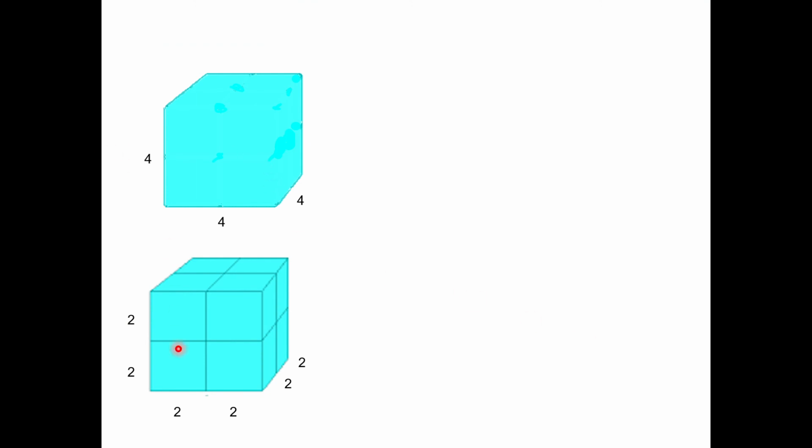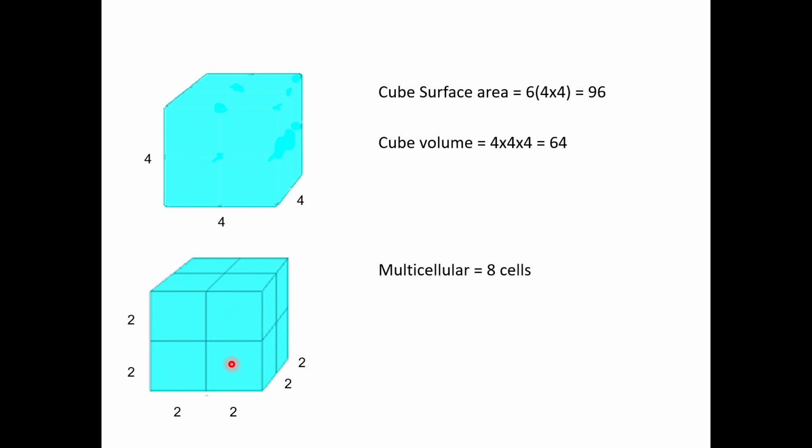Example of that: these are the same two cubes. So this cube right here has a surface area of 4 by 4 times 6, because there are 6 sides, 96. The volume of this cube is length times width times height, so it's 64. Here, instead of being a solid cube, I have 8 cells. 1, 2, 3, 4, 5, 6, 7, 8. I've got 8 individual cells.